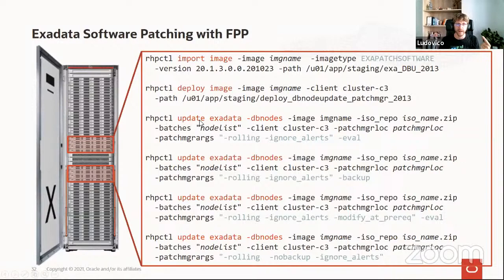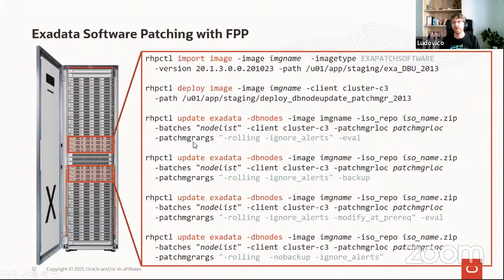And it will unzip the image that will contain your ISO zip for your component, for example, your DomU or your storage cells, and it will contain a patch manager. Okay, so you can, in the next step, say that you want to update the components, pass your ISO bundle, so your zip file, and your patch manager location.